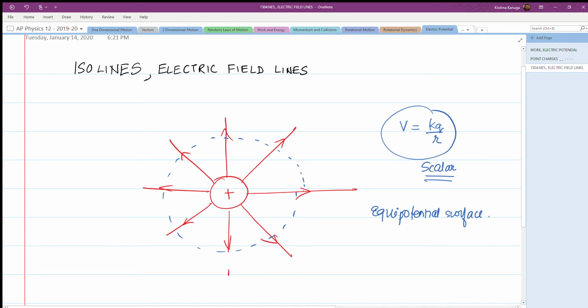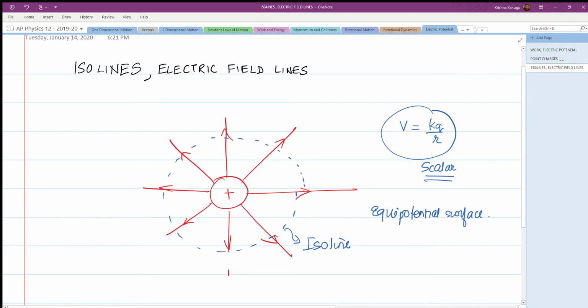Now on a two-dimensional surface, if you were to take the sphere, it would intersect the surface in a circle. So in a two-dimensional surface, we represent these equipotential points by some lines, and the intersection of the sphere with the plane gives us a circle, which happens to be called the isoline.